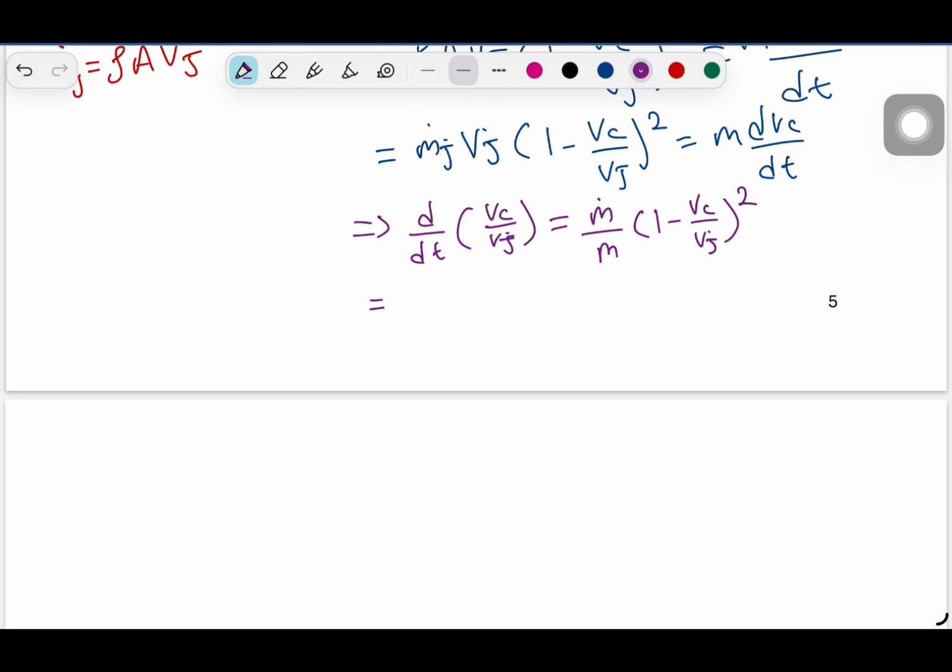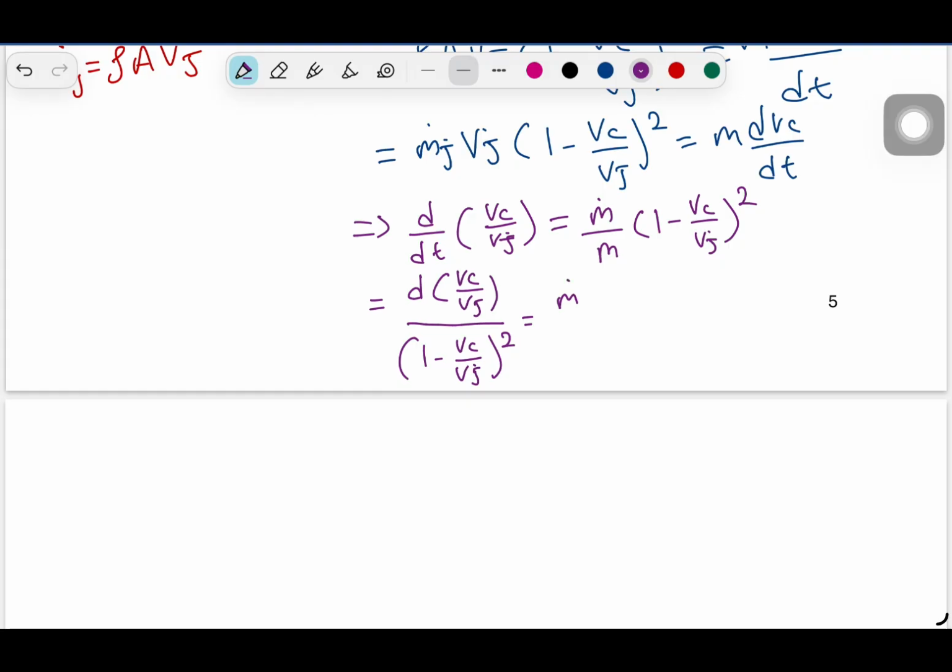And let me continue. So again, we have Vc over Vjet over 1 minus Vc over Vjet squared.